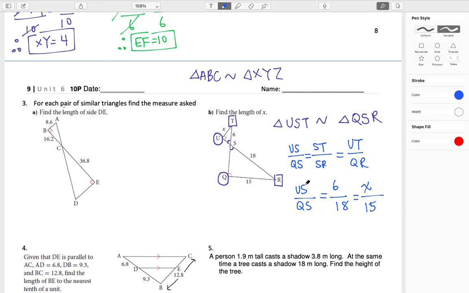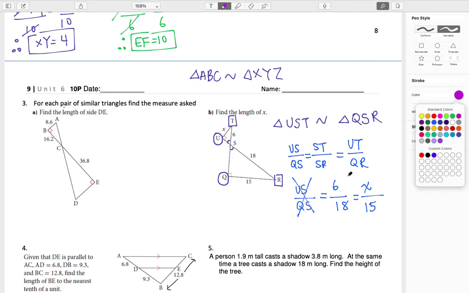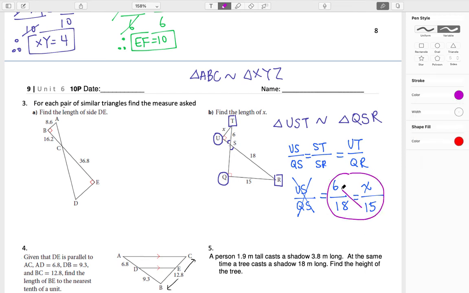Now, when you are given two unknown lengths like this, it's pretty much useless, so we won't be needing it. We just cross it out because both of them are unknown. So we now know that we can only use the last two. We're going to cross multiply again.